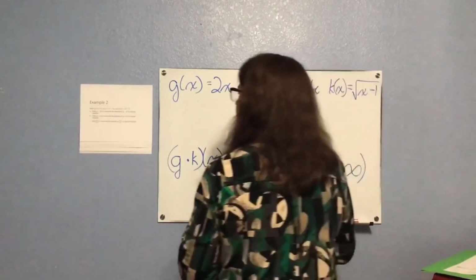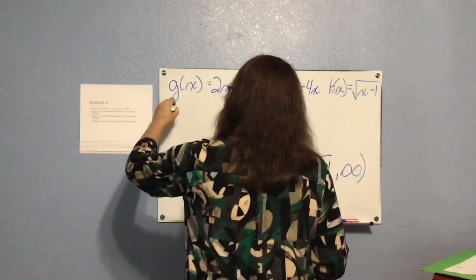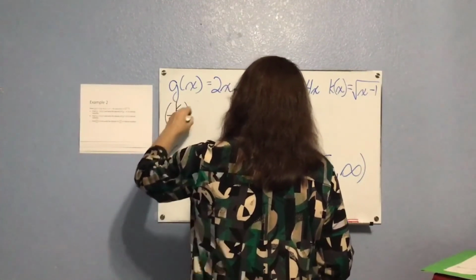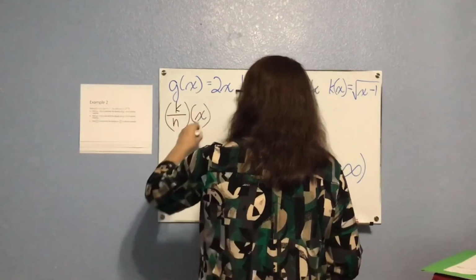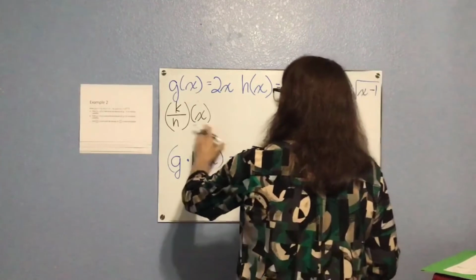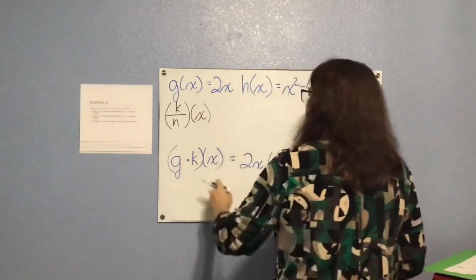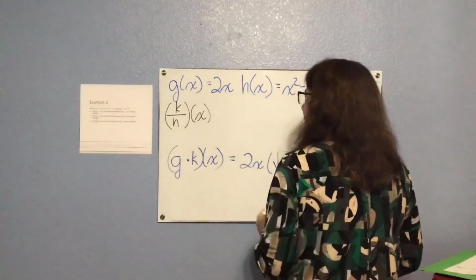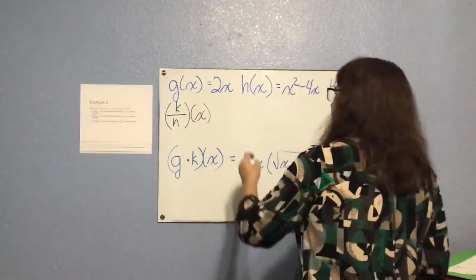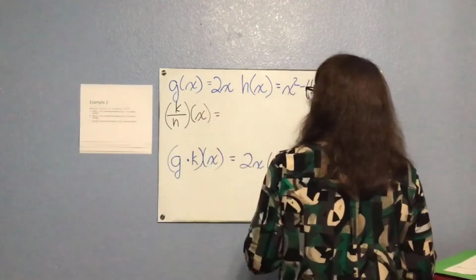Okay, let's do one more. Let's look at k over h of x. Again, I've got a fraction here, so I'm going to have to be careful and figure out what's going to make h 0. That can't be allowed in my domain. But let's write the function first.